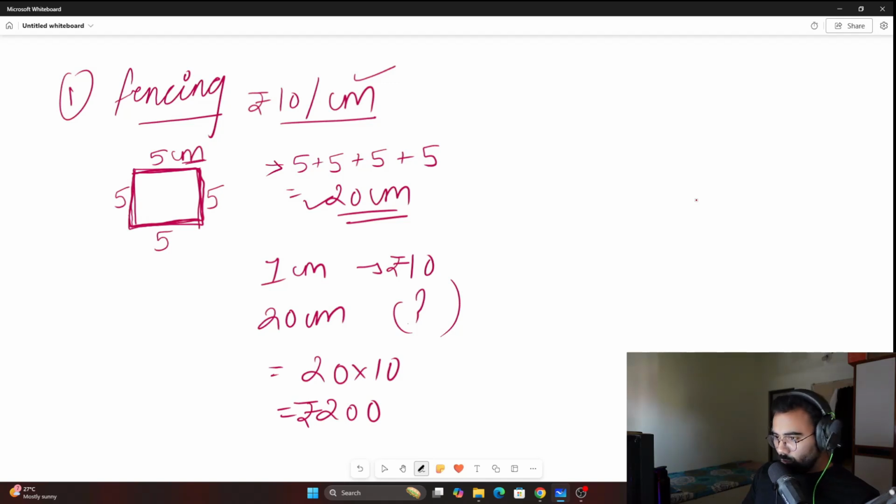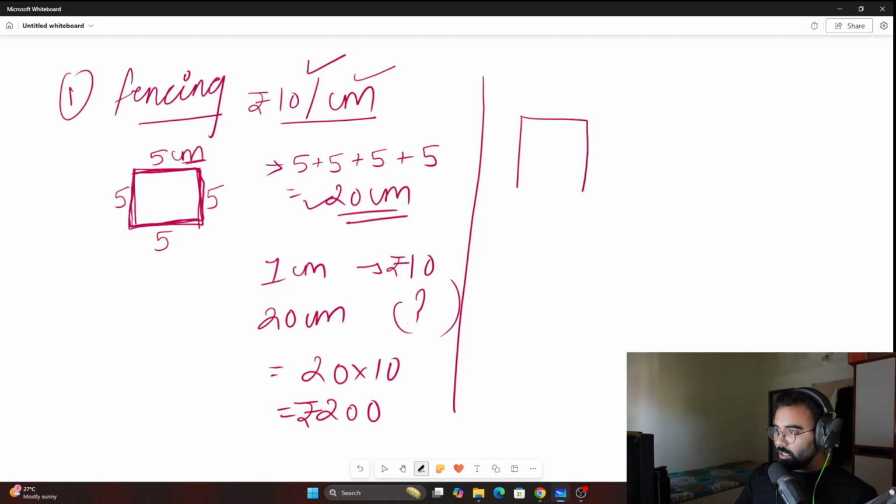Now there is one more layer of difficulty that can be added. That is, they'll give the rate in meters and keep the side in centimeters. Okay, we'll repeat the same question again. Let's say there is a square field with each side 50 centimeters.